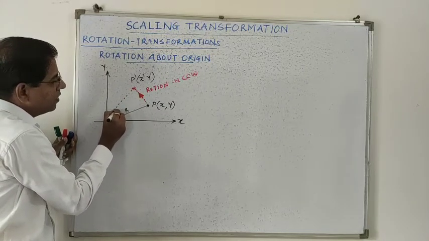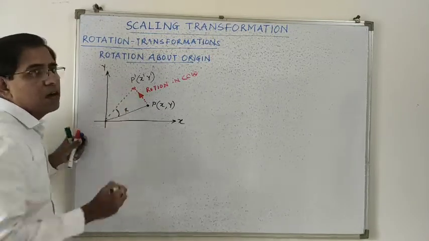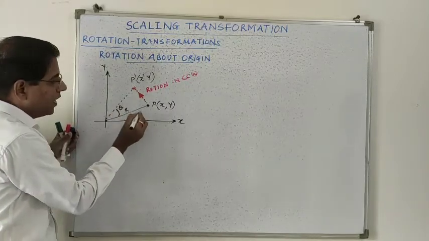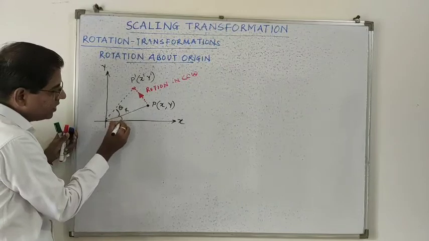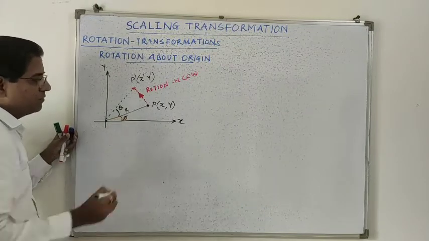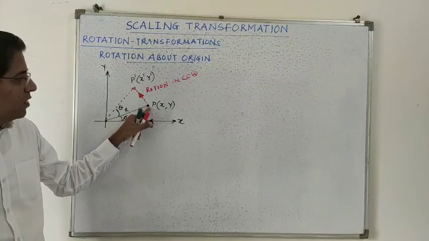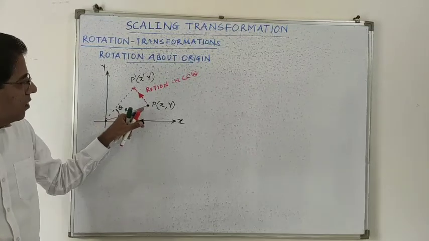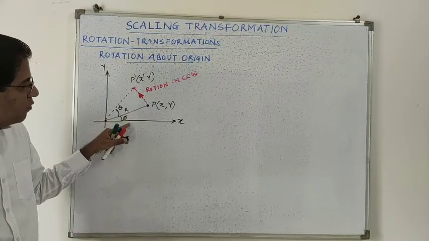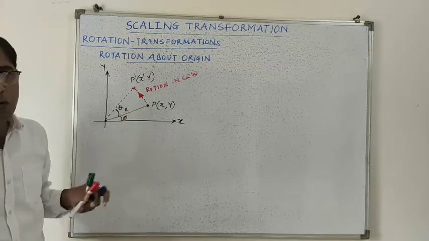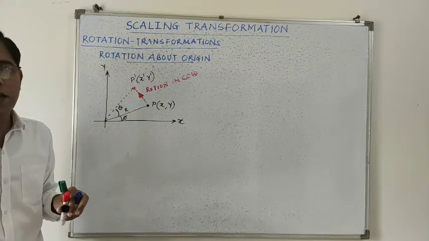The angle with which we are rotating point P is theta, and originally this point P is inclined by angle phi. So phi is the inclination of the radius with the horizontal line, and theta is the angle of rotation in counterclockwise direction.